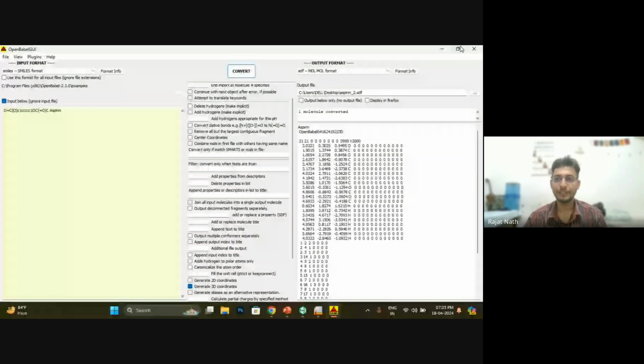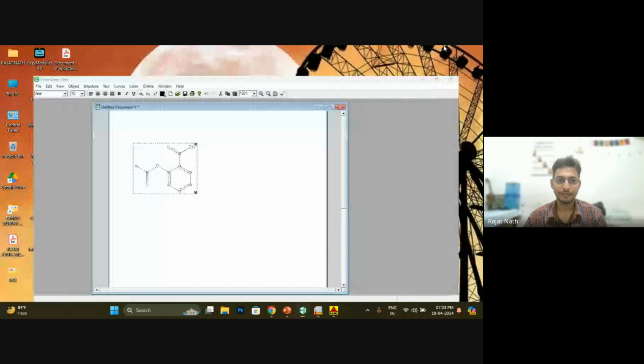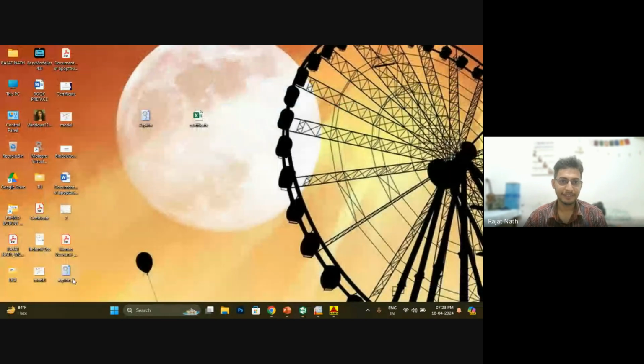If we close this, see, there is a ligand known as aspirin 2 in PDB format. So now we can see how we can retrieve a compound from the databases, or if the compound is not available in the databases, how we can draw this structure, how we can generate its name, how we can generate its SMILES, and how we can convert this SMILES format to PDB format.